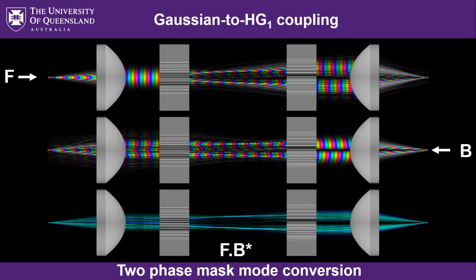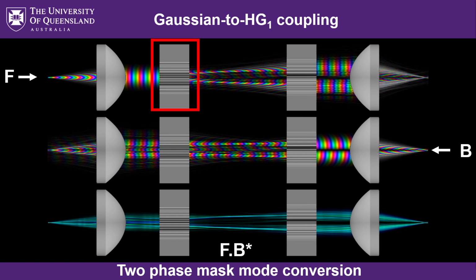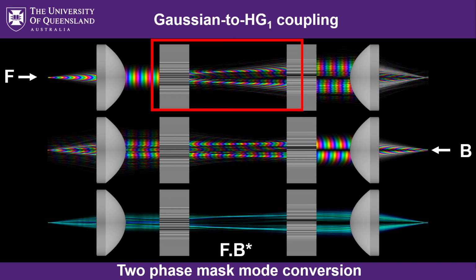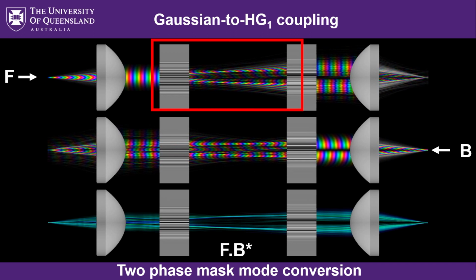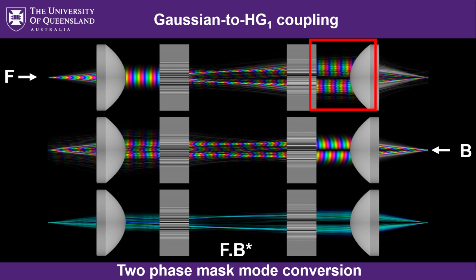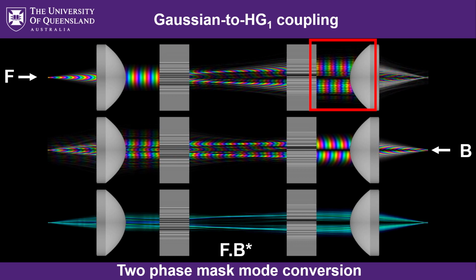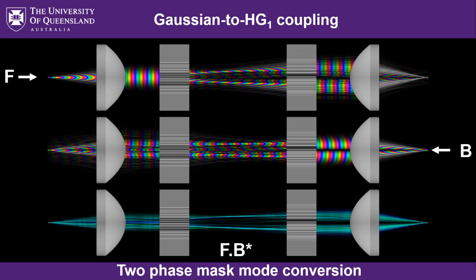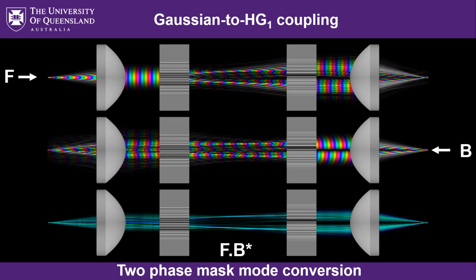Looking here, the Gaussian spot comes in, gets collimated, hits the first phase mask, which imposes a phase front onto the beam, which causes the single lobe of the Gaussian to diffract into two lobes of the HG1 mode, incident on the second mask. That second mask then fixes whatever phase differences remain between the beam and the desired HG1 mode, and then you're done. So this simulation is not strictly 100% efficient, but it's like 99%.